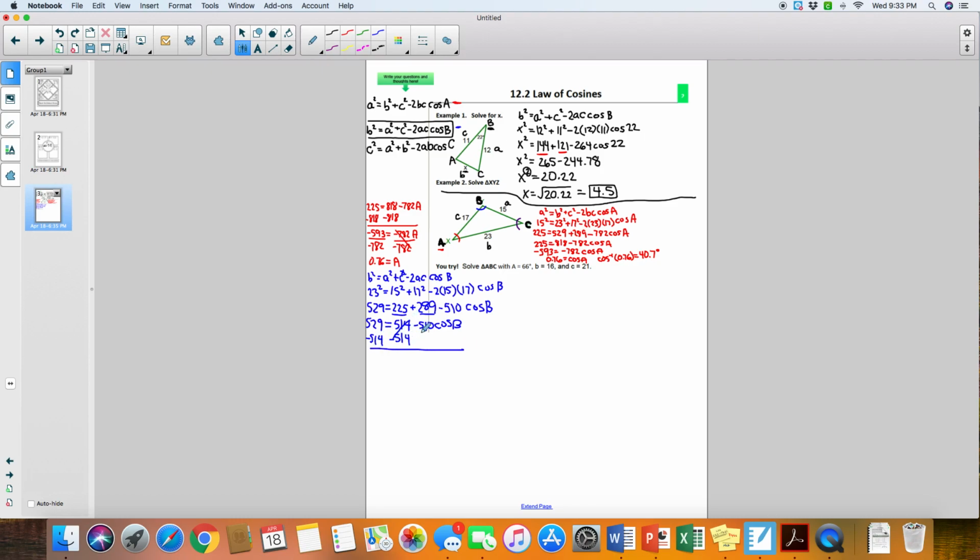That will cancel out, and then 529 minus 514 is going to be 15. So I will get 15 equals negative 510 cosine B. Then I would divide by negative 510 on both sides.